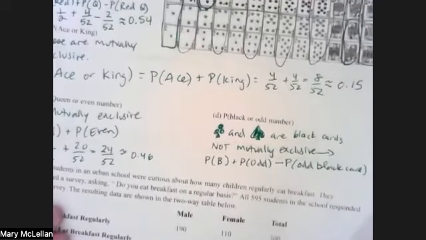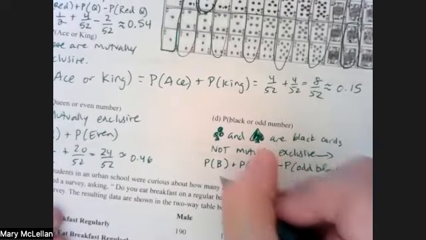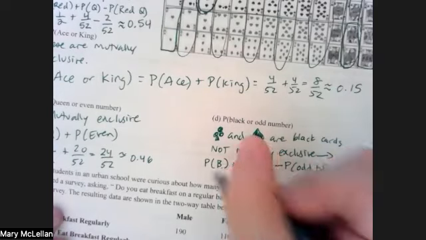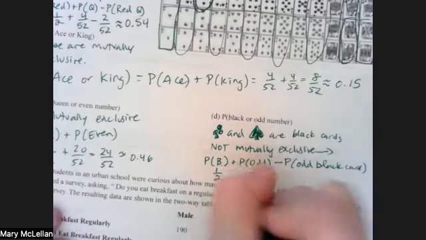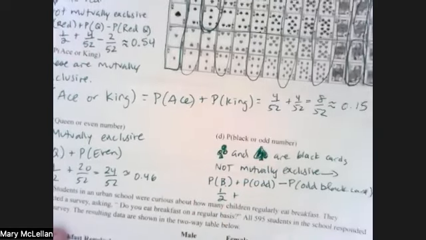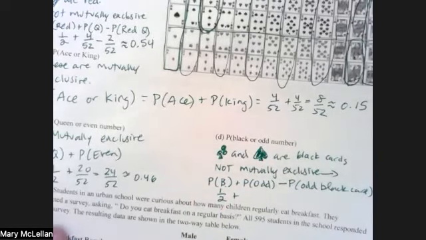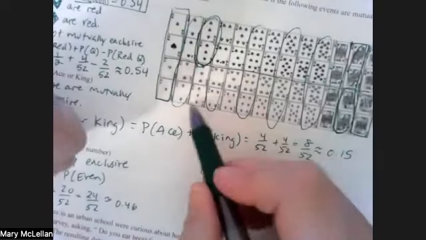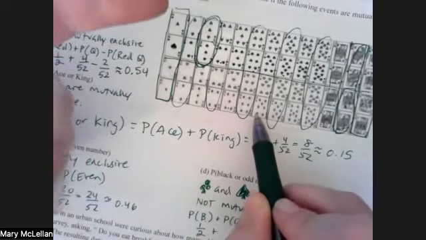I've got a 50-50 chance of getting black or red, so the probability of a black card is 1/2, plus the probability of an odd card. There's 3, 5, 7, 9, 4 times 4, there are 16 odd cards. 16 over 52, and I have to subtract their intersection.